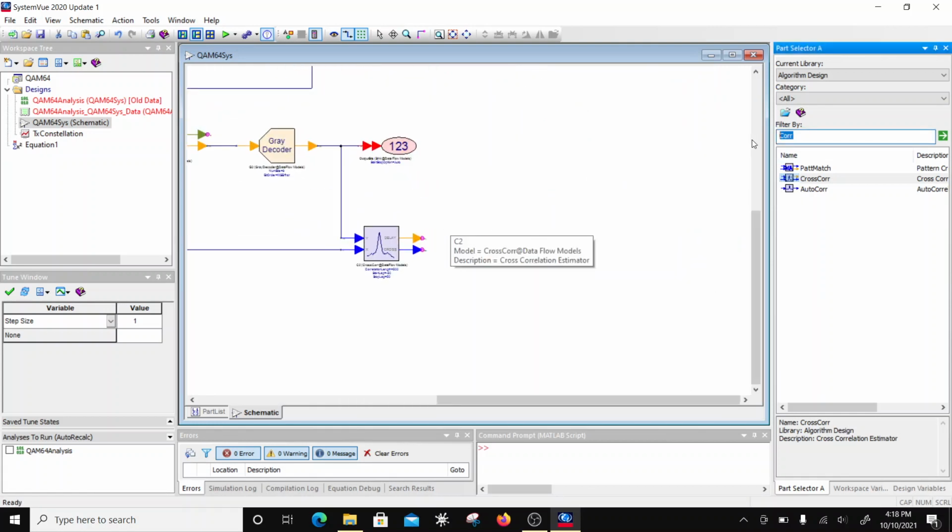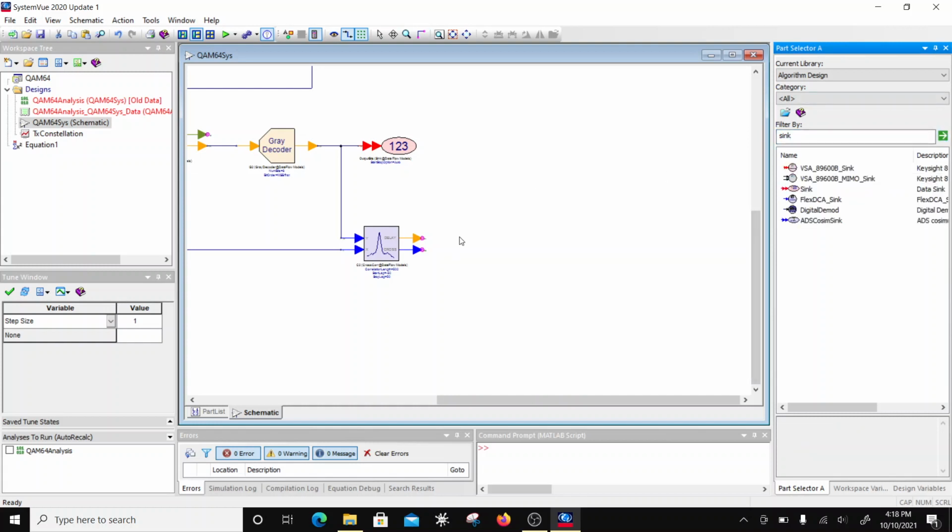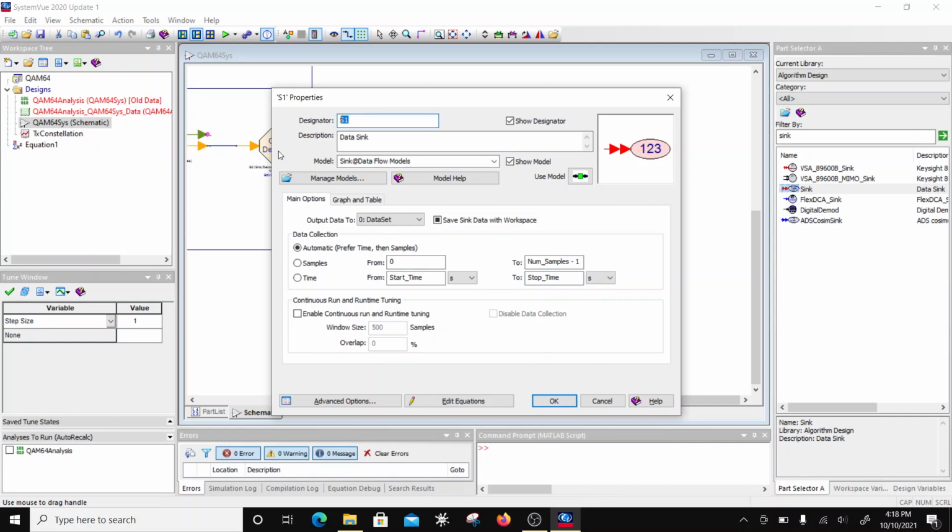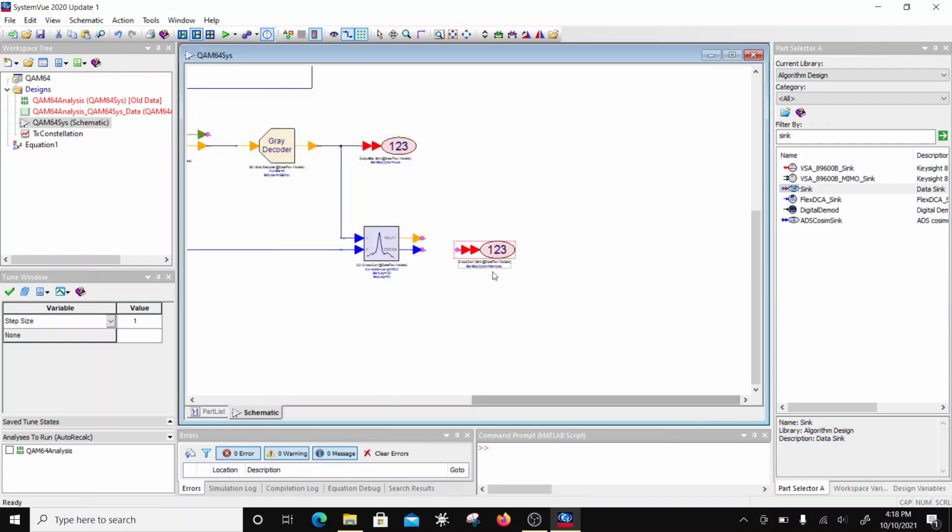So now another thing I want to do is I want to look at sync. That's the sync, and this one I want to look at the correlation function. So I'll say this as a cross correlation function, and here I'm going to see how many samples I have to delay, correct? And this node basically gives you the delay.